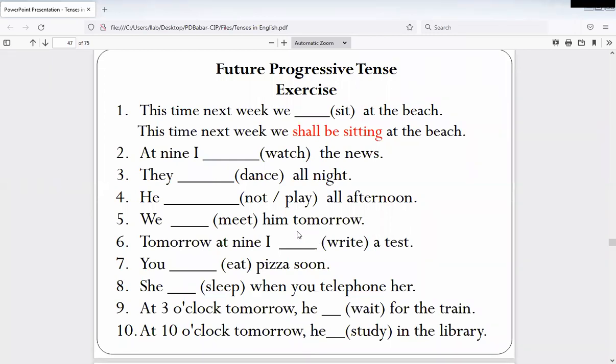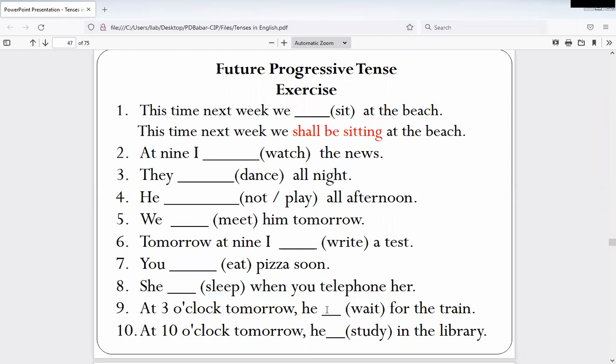So for the future, when we use the future progressive tense, we can identify it with the help of different identifiers like next week or next month. Then all night, all afternoon, tomorrow.